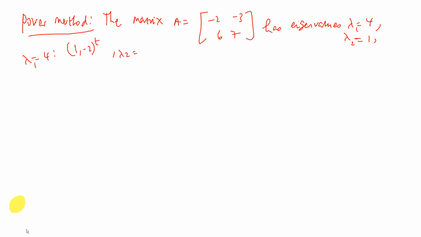If you have lambda 2 equals 1, because this matrix has 1 and 4 as eigenvalues, you're going to have eigenvectors, call this one v1 and call this one v2.